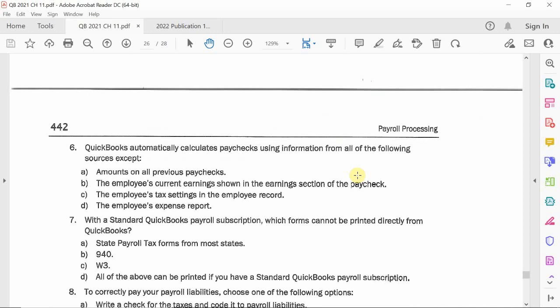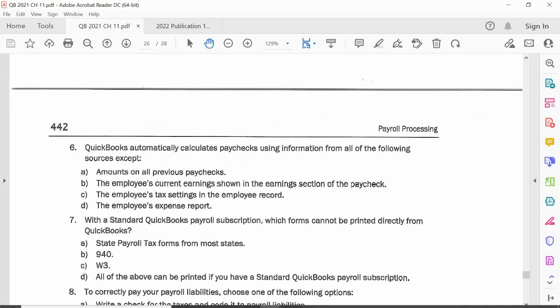Number 6, okay, QuickBooks automatically calculates a paycheck using the information from all of the following except D. D is correct, the employee's expenses report.